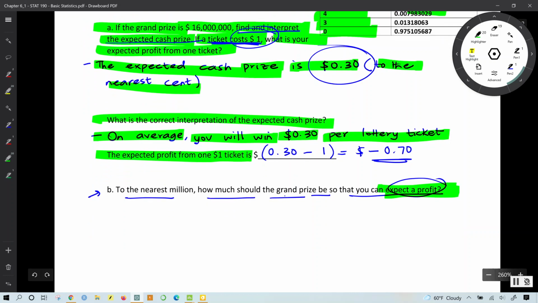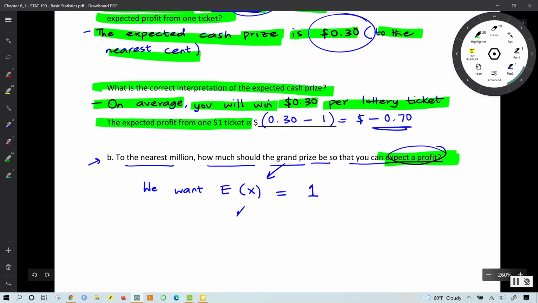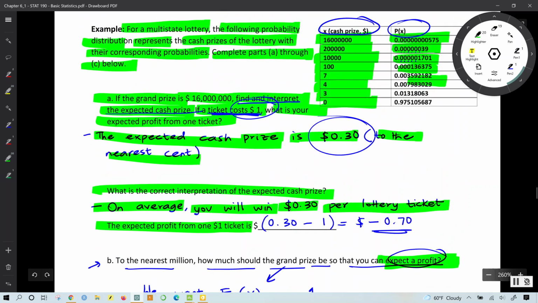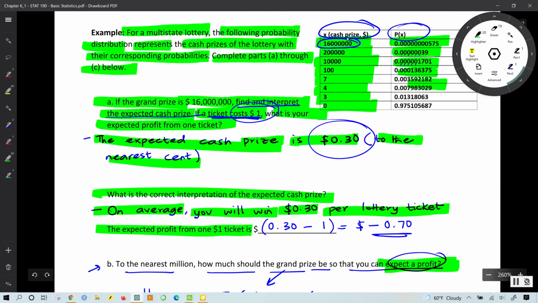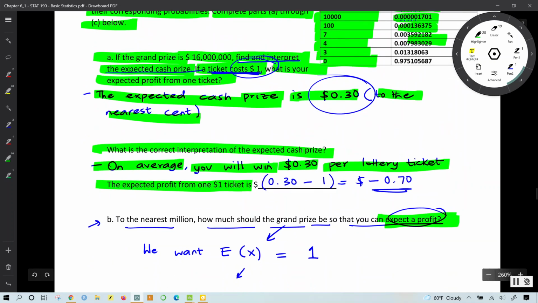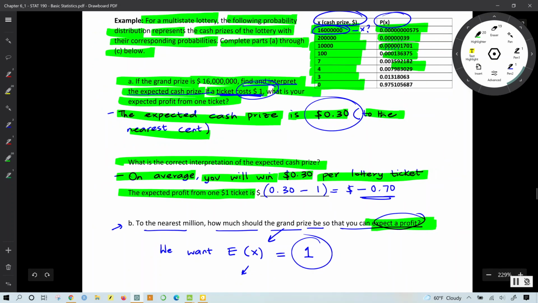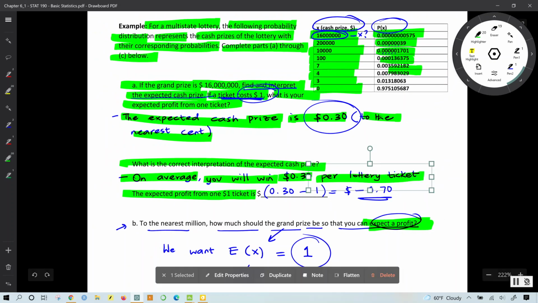So the interpretation of this question is that we want the expected amount to be at least $1. And how do we do that? If we take out this 16 million as the grand prize, we are looking at what other value it needs to be so that the expected value is at least equal to 1.